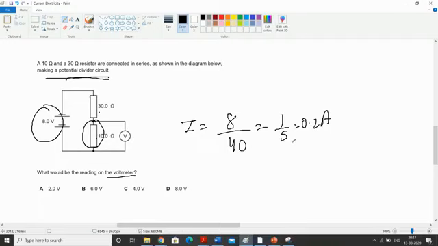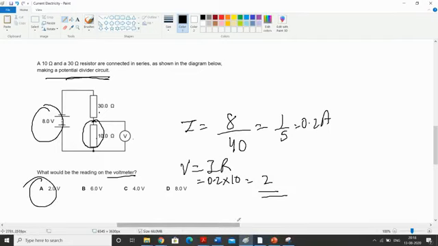So 0.2 ampere is the current, and we need to use V is equal to IR. So I is 0.2 multiplied by resistance 10. So we'll get 2. So that's why the reading will be 2 volt.